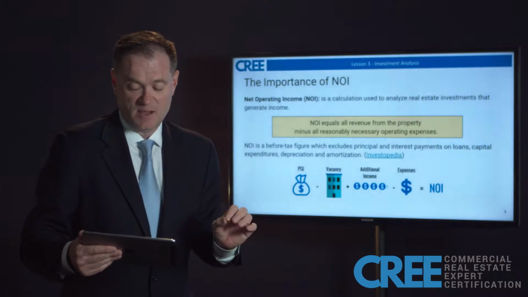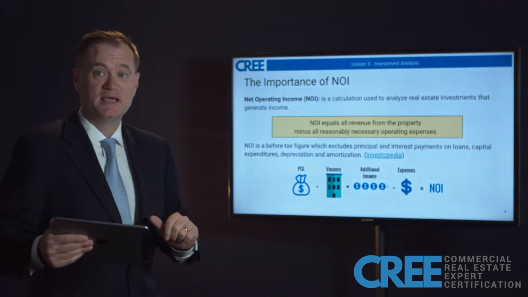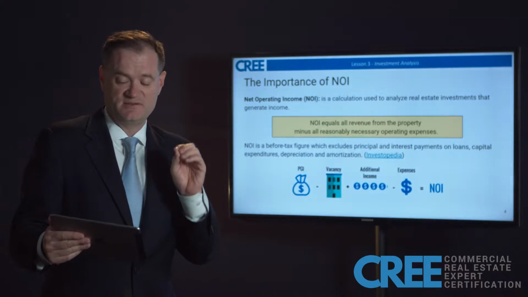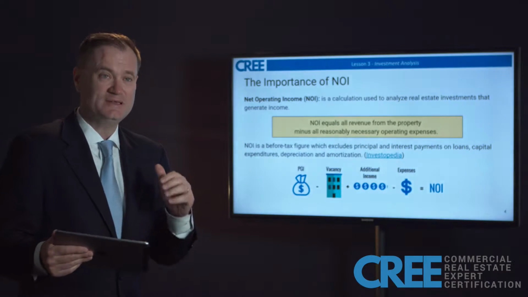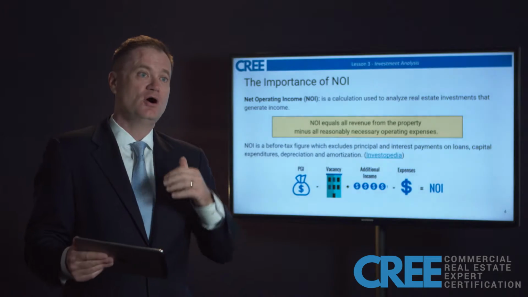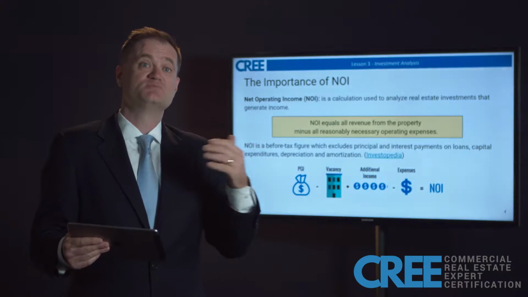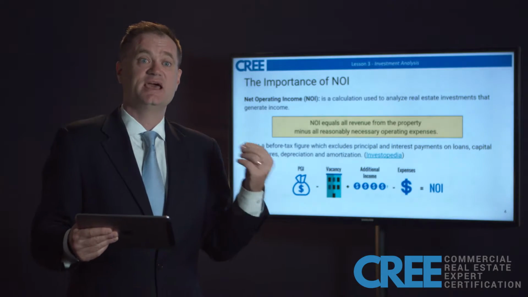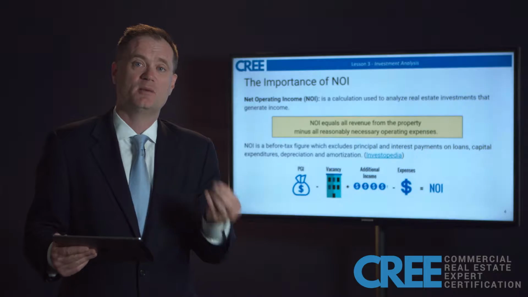So let's hop in. Let's talk about the importance of NOI. Net operating income is a calculation used to analyze real estate investments that generate income. NOI really is essentially if we take all of the potential income, and we subtract out a vacancy and we then take off any expenses that we have to the property, we get net operating income.